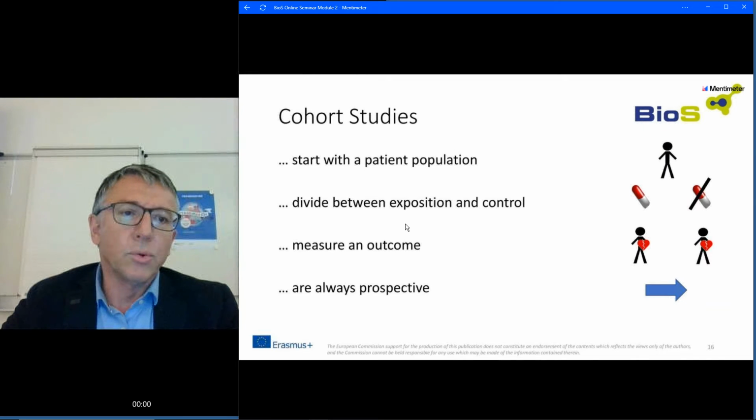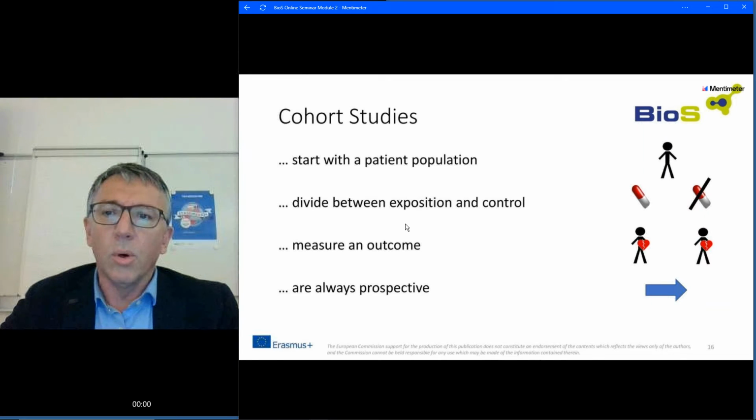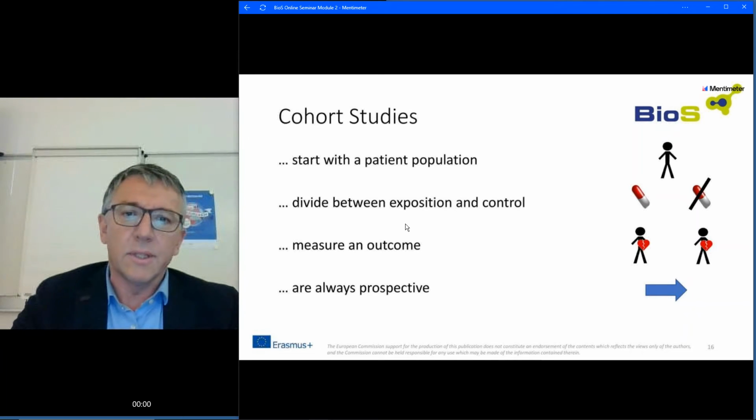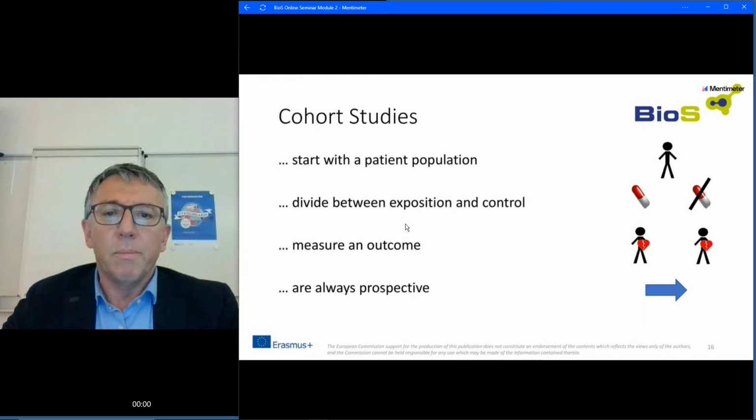So we have two different groups and you observe those two different cohorts over the course of the time. And at some point during the study, or at several points during the study, you measure an outcome.